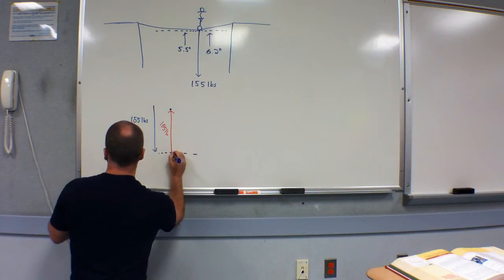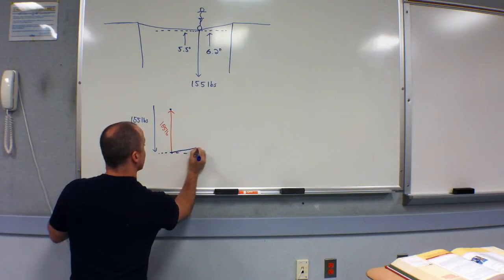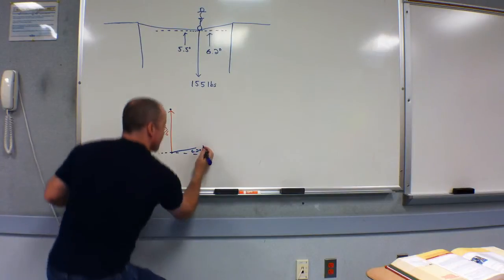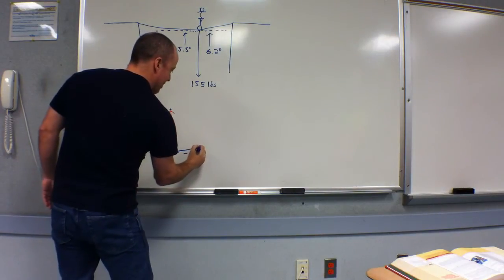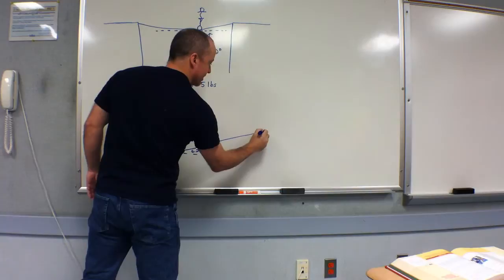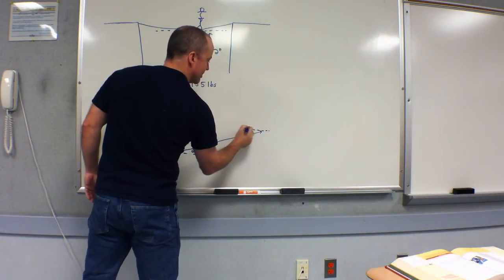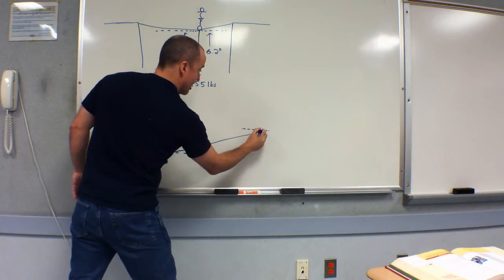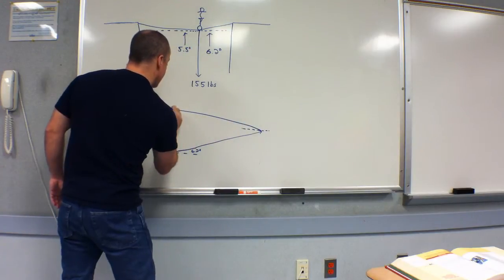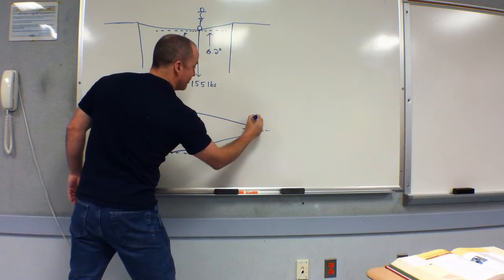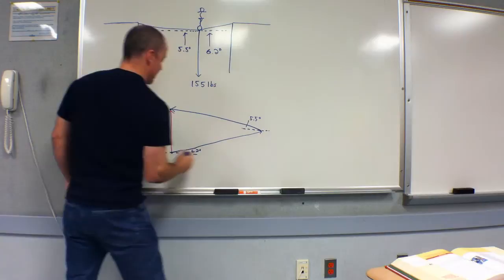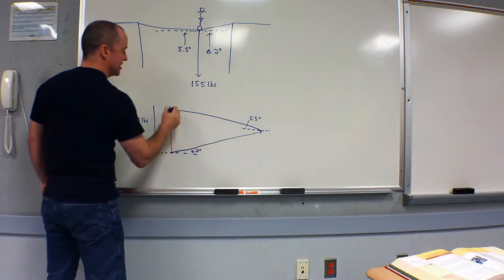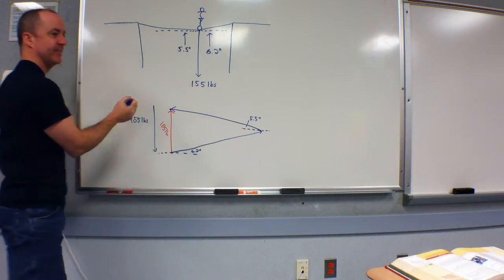If I go up at a 6.2 degree angle, I have to keep going out here until I get to the point where if I turned around and went up at a 5.5 degree angle, following this path, this distance would create this displacement.